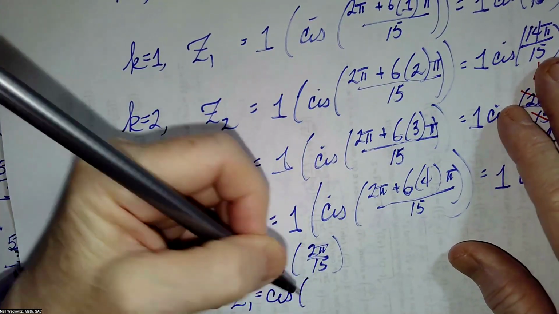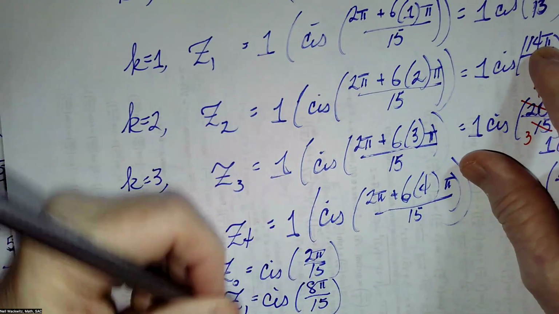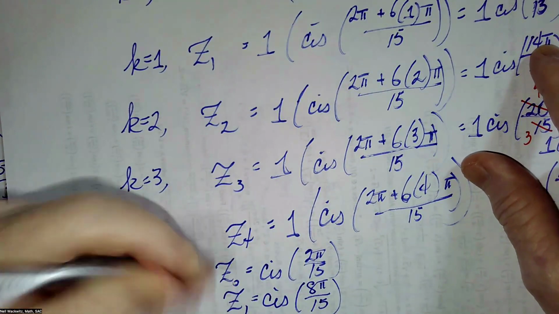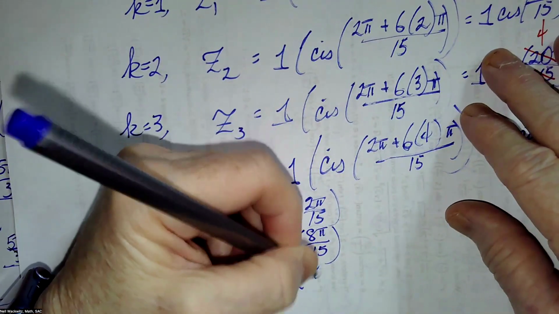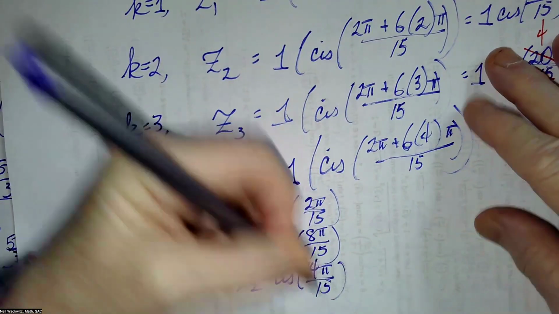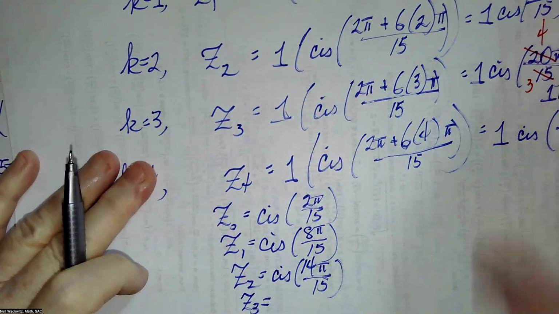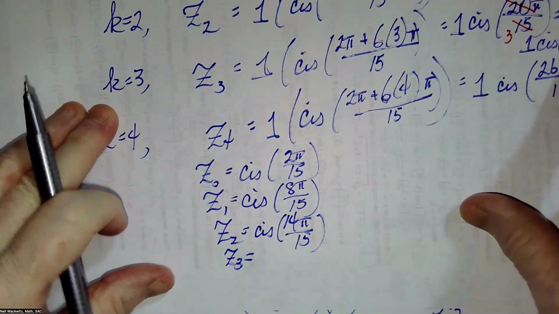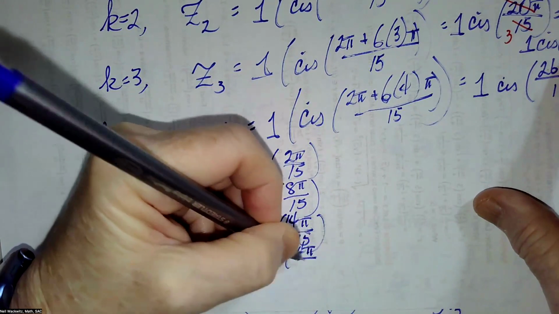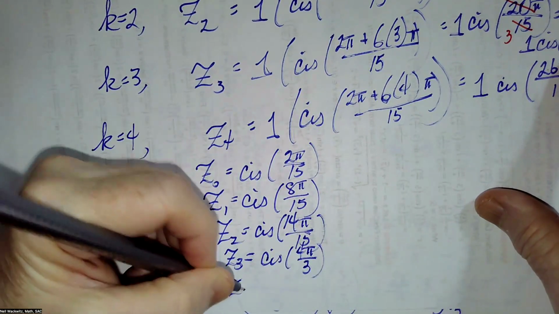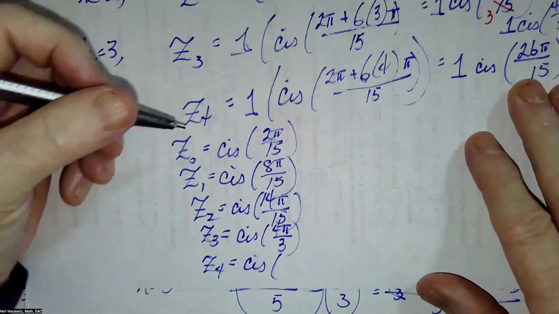Z1 is this 8 pi over 15. Z2, 14 pi over 15. Z3 is 4 pi over 3. And Z4 is this 26 pi over 15.